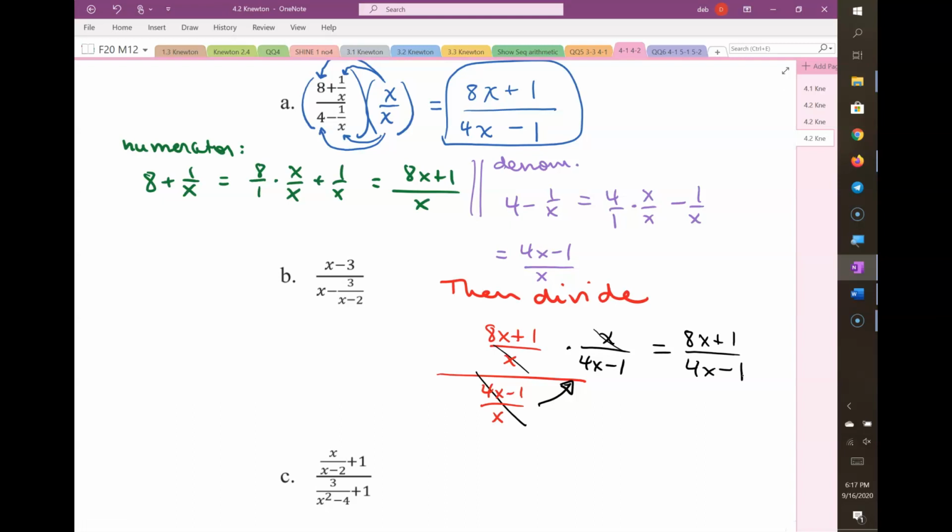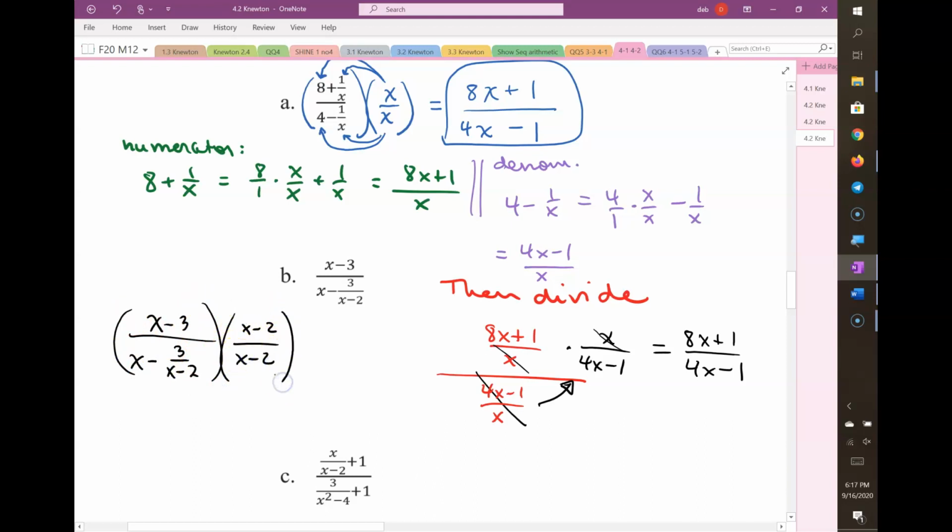And then the second example, again, I would look and say, oh, there's a denominator of x minus 2. So I'm going to multiply the numerator and the denominator by x minus 2. And again, this is 1, so we're allowed to do that.